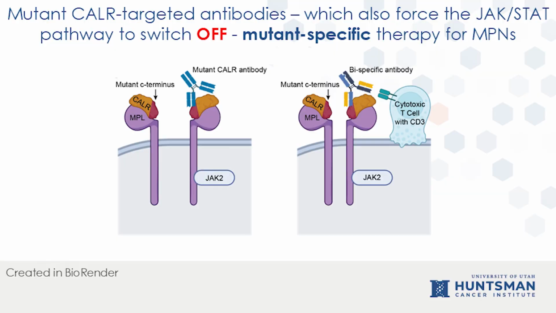On the right is another approach, which is called a bispecific antibody. That just means the antibody is specific for two things. It's specific for the CALR mutant C-terminus, so it recognizes that, and it's also specific for a T cell. So the antibody will bring the CALR mutant cell to a T cell, and the T cell will kill that cell. A different mechanism, but a similar approach.